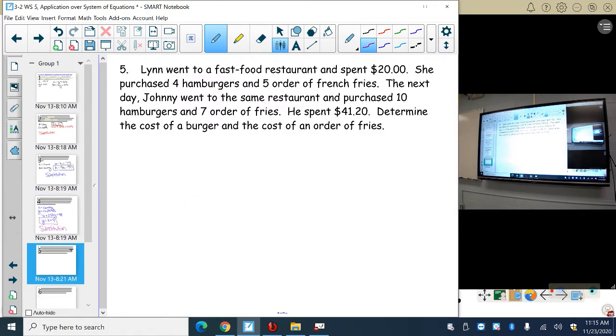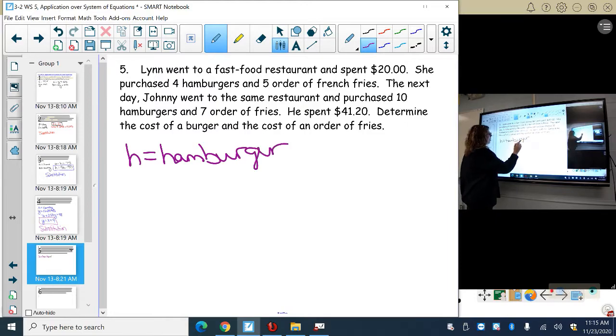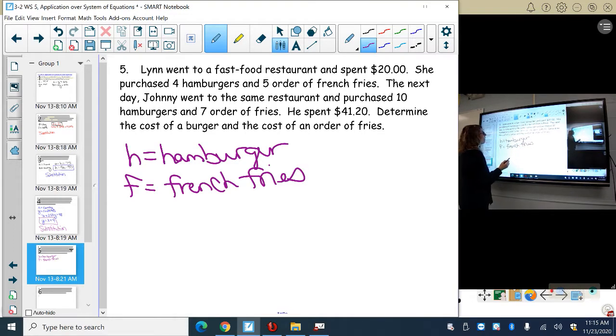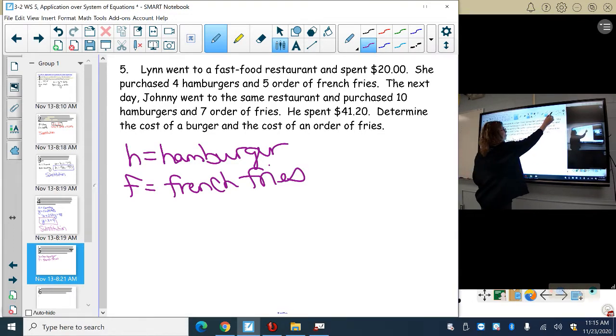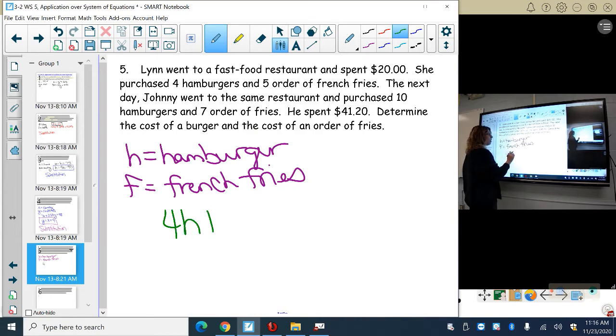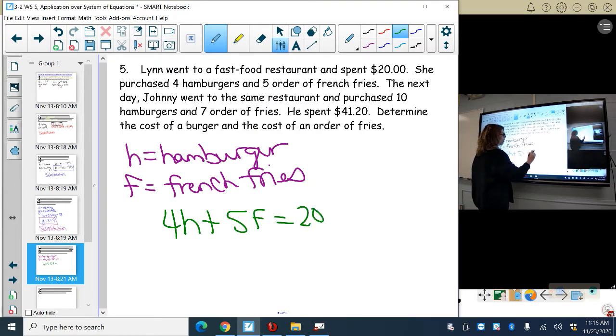Number 5. Lynn went to a fast food restaurant and spent $20. She purchased 4 hamburgers and 5 orders of fries. So this means I'm going to let H equal my hamburgers and F equal my French fries. So she ordered 4 hamburgers and 5 fries, and she spent $20.